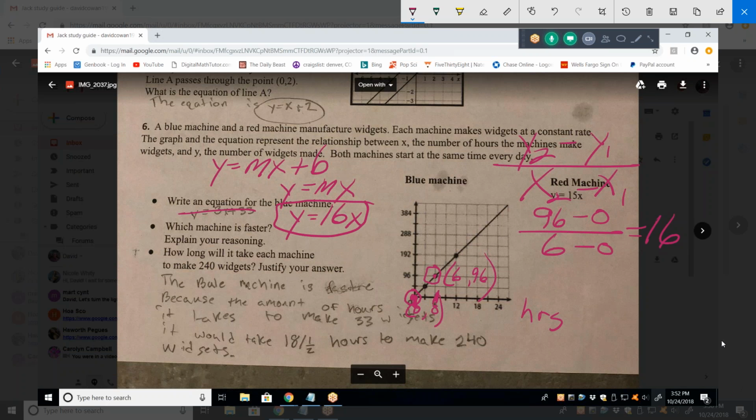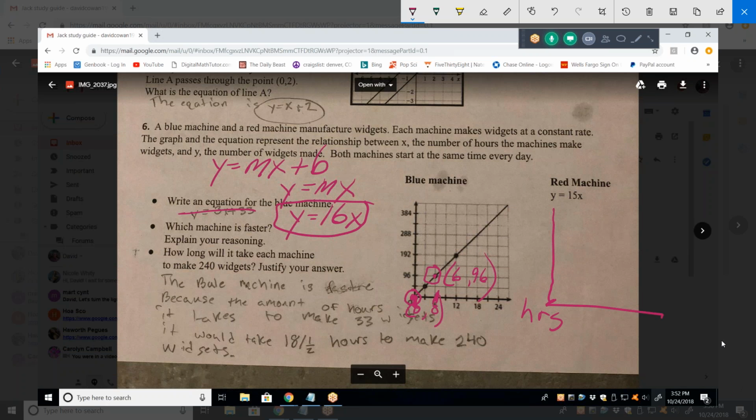Now, they didn't graph the equation of the red machine, but they gave us its equation, and we want to graph it. Why not? Well, the only difference between the two machines, they both start at 0.